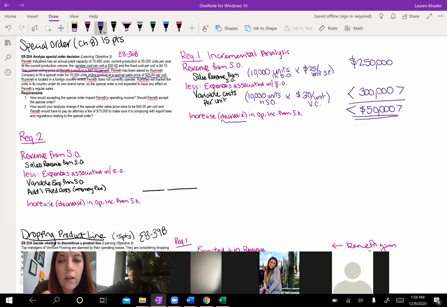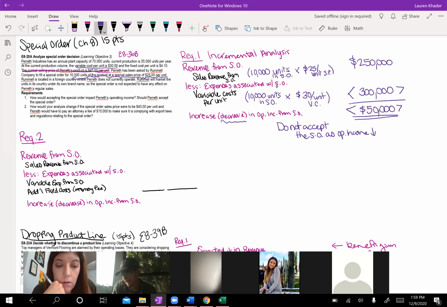So what would you tell the company at this point in time? Do not accept the special order, as operating income decreases. Right? Your incremental revenue is less than your incremental costs for the special order.